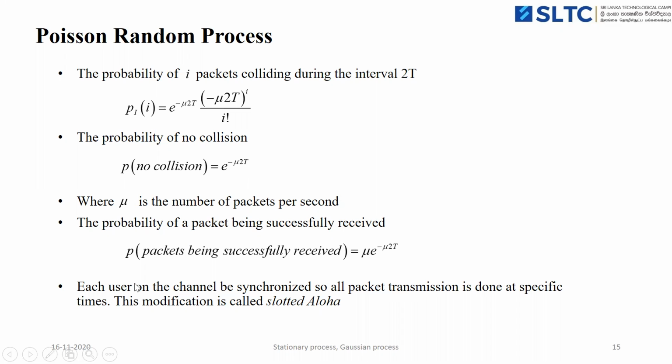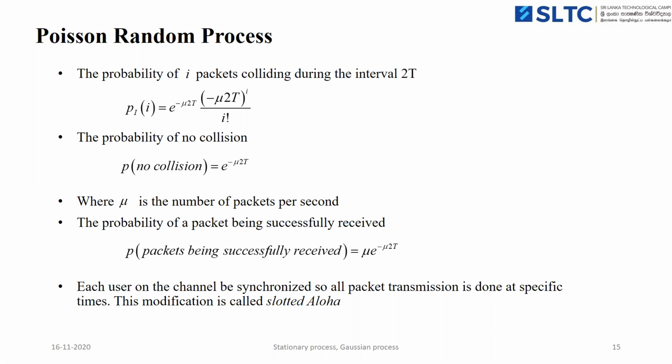And as you can see in the last point, each user on the channel would be synchronized, so all packet transmission is done at specific times. This modification is called slotted Aloha, because in the previous normal Aloha, each user sends randomly without knowing whether any other users exist in the channel, so there is a collision.